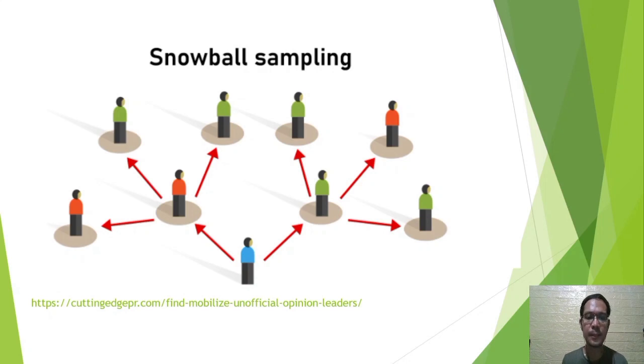A snowball sample is one in which the researcher collects data on the few members of the target population he or she can locate, then asks those individuals to provide information needed to locate other members of that population whom they know.